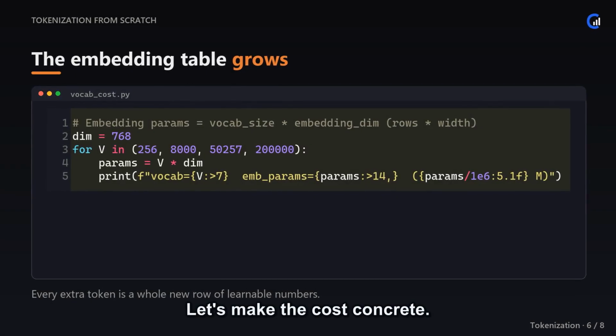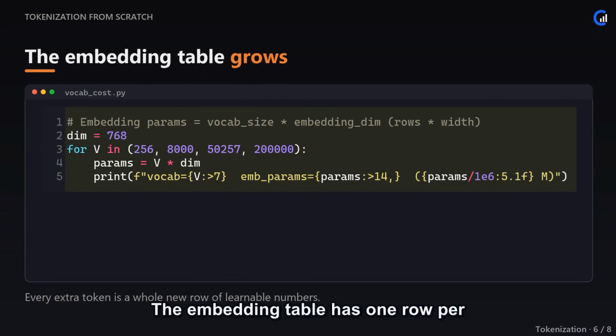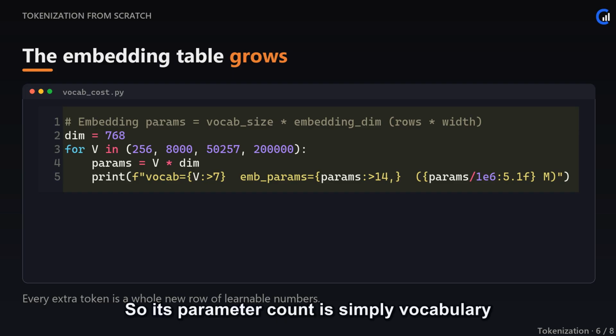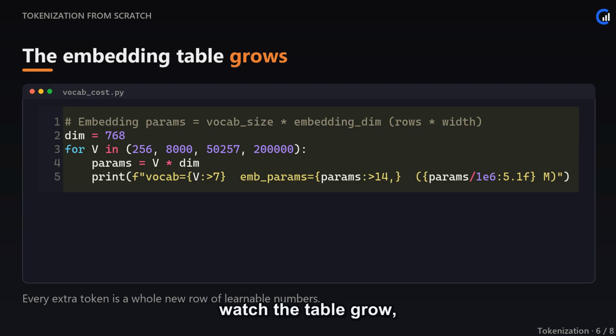Let's make the cost concrete. The embedding table has 1 row per token, each row a vector of some width, here 768. So its parameter count is simply vocabulary size times width. As we scale the vocabulary, watch the table grow, because every single token we add is an entire new row of numbers the model must store and learn.